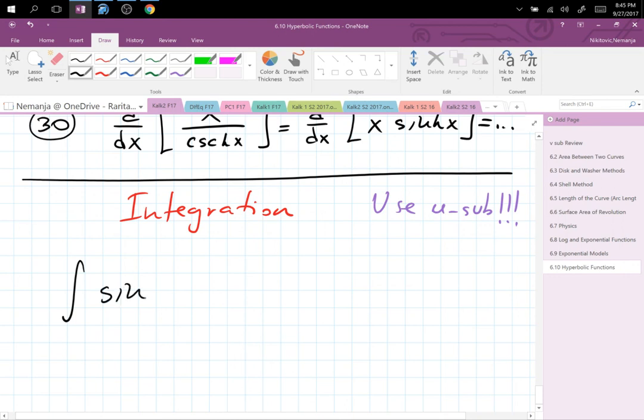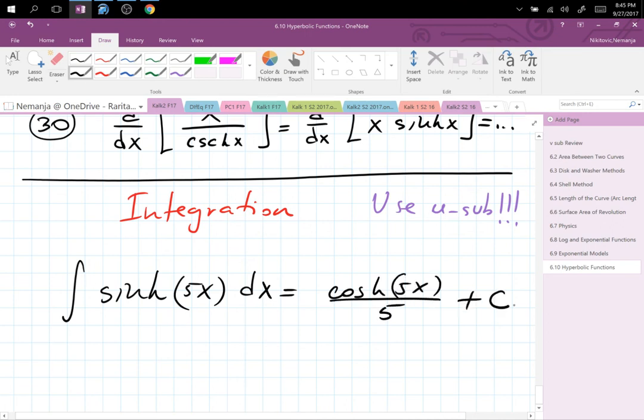Integral of sine hyperbolic 5x dx. You would change the 5x with u. So the answer is cosine hyperbolic 5x over 5 plus c.